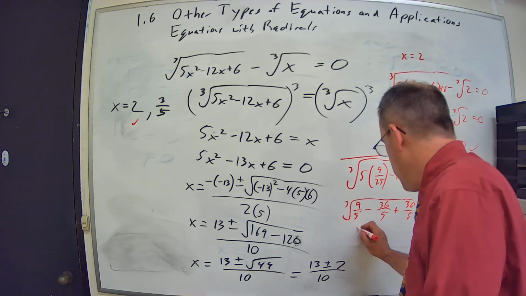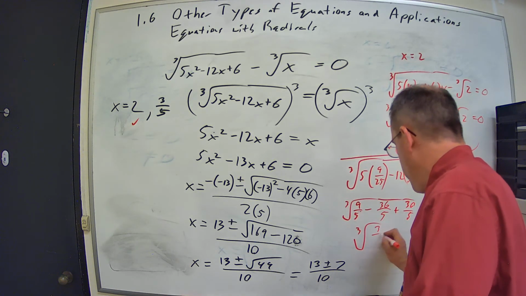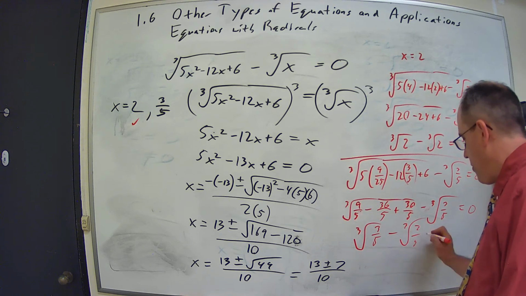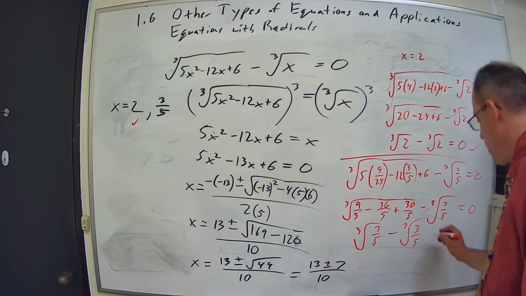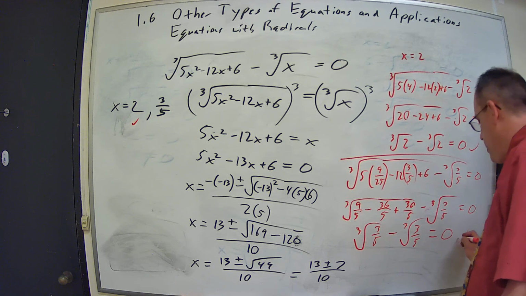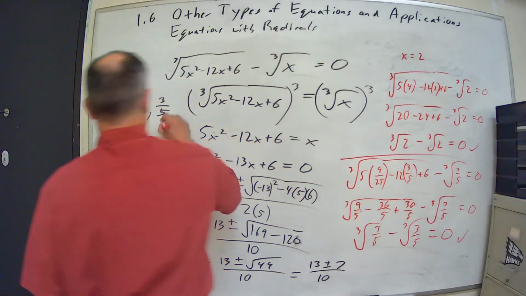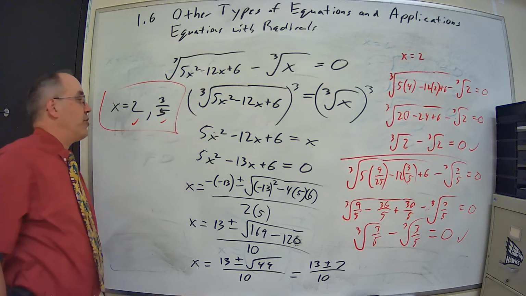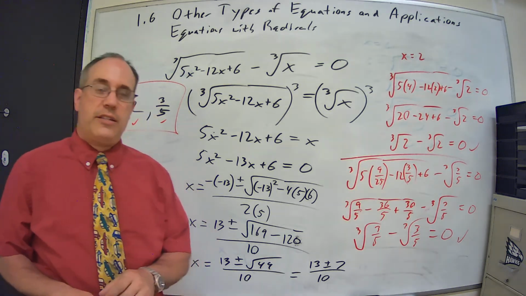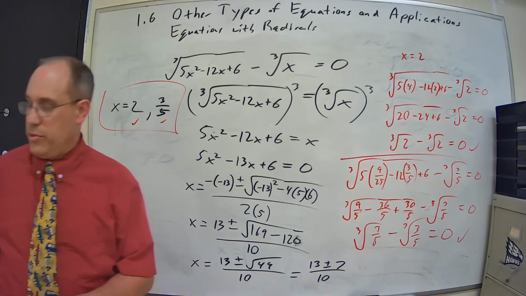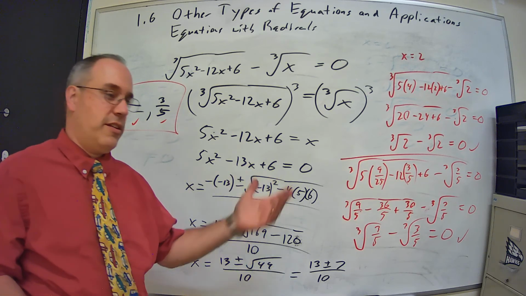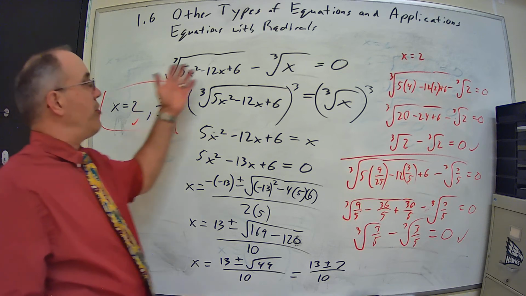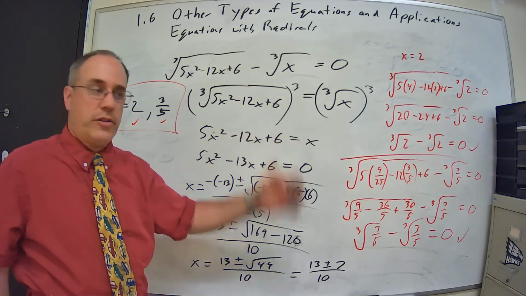So we have the cubed root of 3 fifths minus the cubed root of 3 fifths is equal to 0, and yes, it is. So yes, that one worked too. So x equal to 2 and x equal to 3 fifths are the solutions to this equation with radicals. So just to show that we can take it up to other powers.